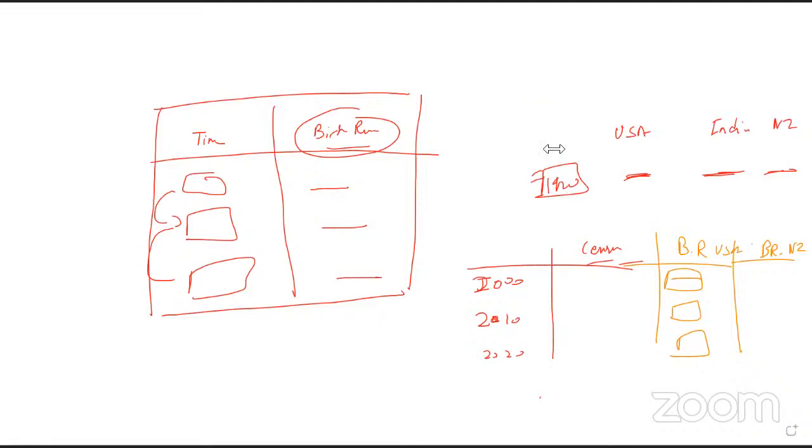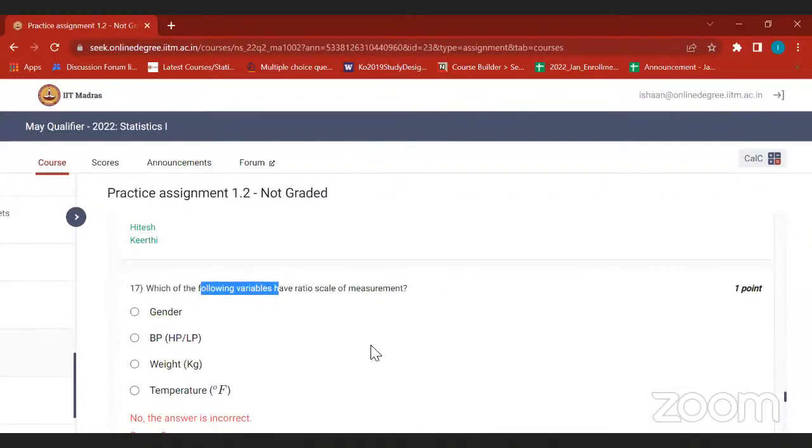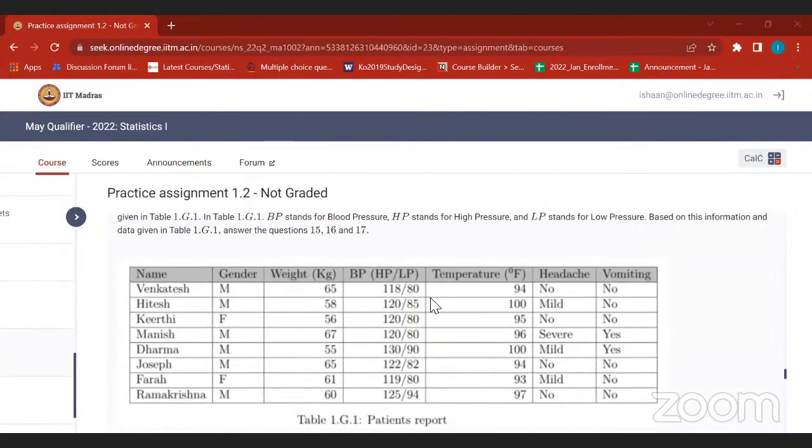Sir, question number 17 and 18 of practice assignment 1.2. Sir, here the BP can also be a ratio now, since BP cannot be below zero. Okay. Ignore that. Can you add the first two BPs? What will it give you?